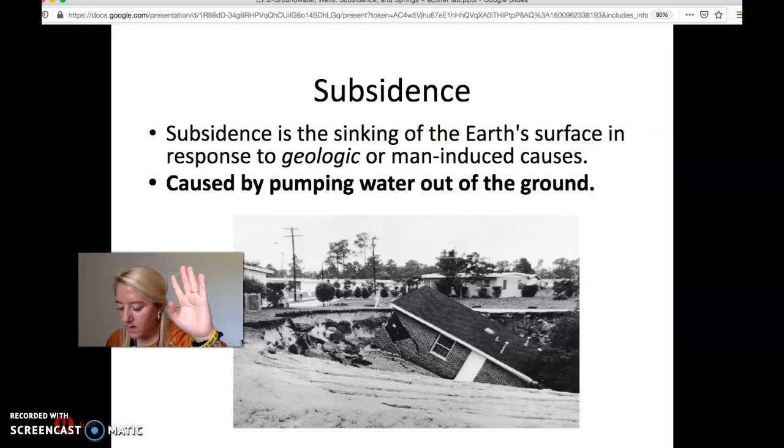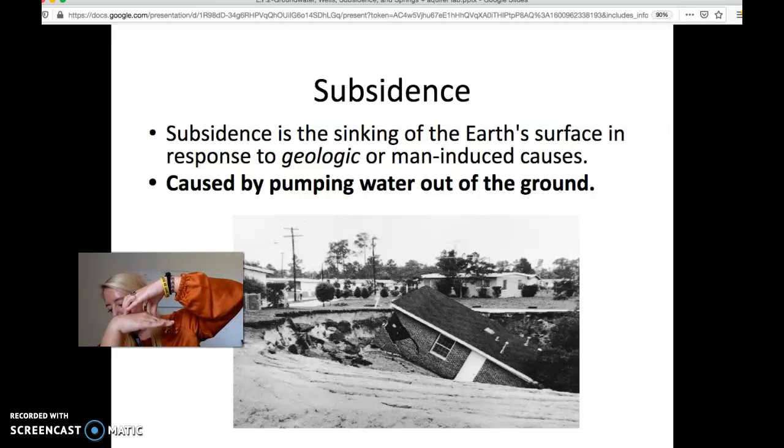As the cavern is created, eventually you get a cavernous layer. So under my hand would be the bedrock, and then you have more bedrock, but a cavern of air right there. Eventually, there won't be enough left on top to support what's sitting on top of it, possibly a house, and it's going to sink.